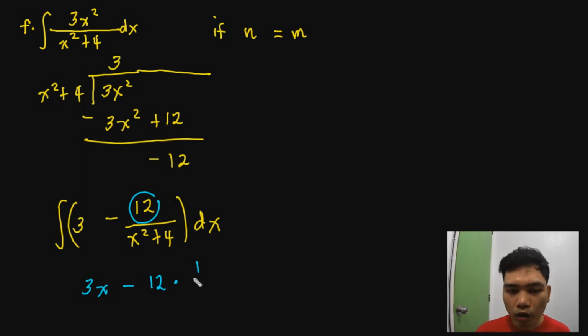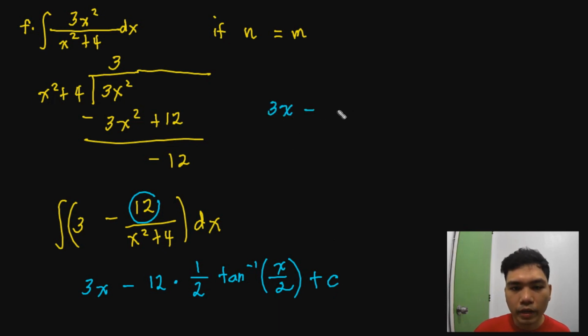That is 1 over a, in this case 2, and then the inverse tangent of x over 2. We add c, and therefore the final answer is 3x minus 6 inverse tangent of x over 2 plus c. This is our final answer.